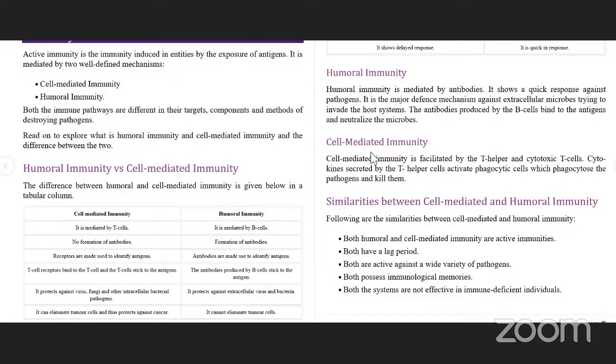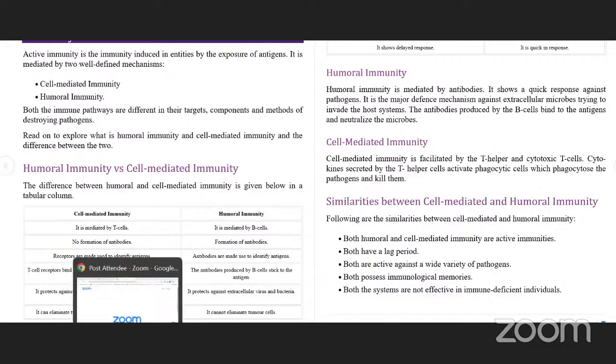In humoral immunity you have B cells, whereas in cell-mediated you have T helper, cytotoxic, and T suppressor cells also that are produced. They activate the phagocytic cells and phagocytosis takes place.